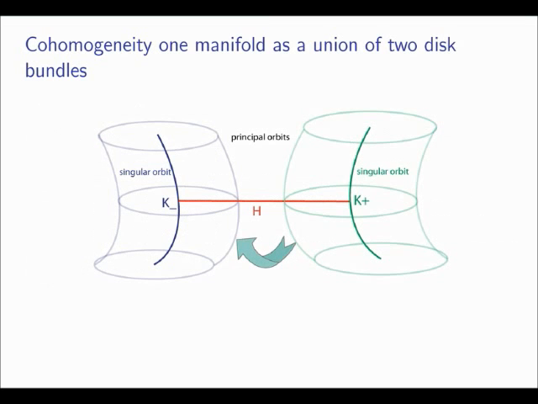Okay, so this is a picture for the general cohomogeneity one manifold. You have one singular orbit, and another singular orbit, and then you have the isotropy group, the stabilizer, and another stabilizer, the isotropy group here.